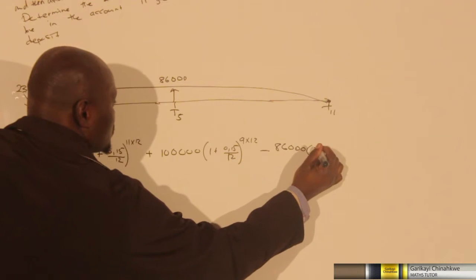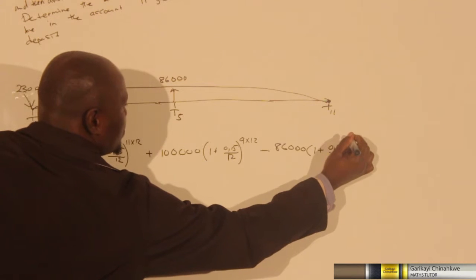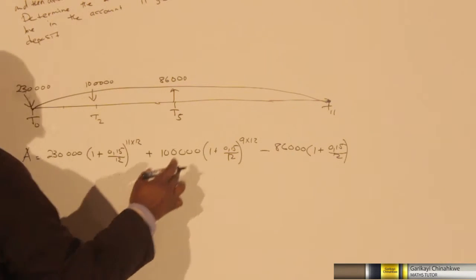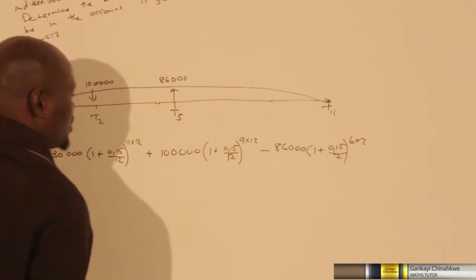So plus 1 plus 0.15 over 12 to the power of T5 to T11, so it's 6 times 12. Then you use a calculator.